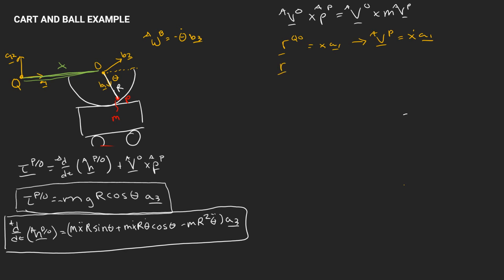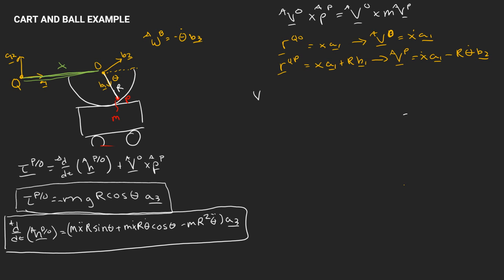And then we need to get the velocity of point P. We get the position vector r_QP, and that's equal to x a1 plus r b1. Sorry, this should be an O. Earlier we calculated this derivative, so VP ends up being x dot a1 minus r theta dot b2.